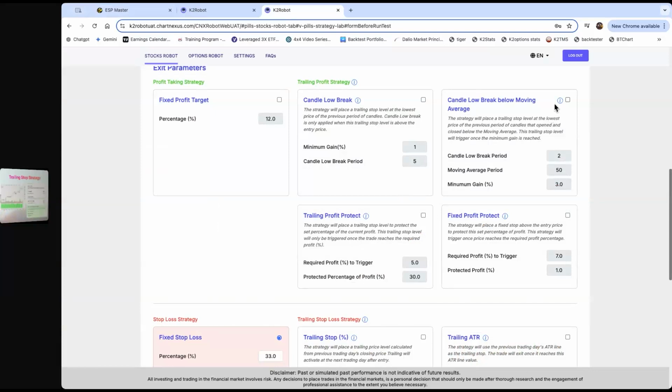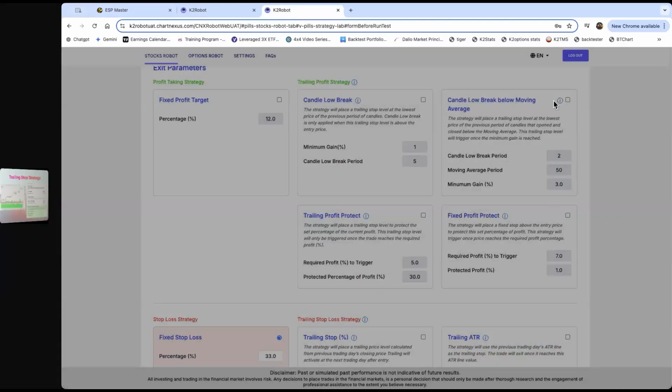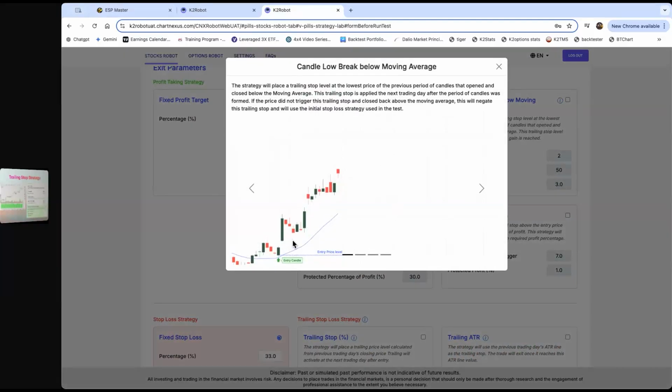Okay, so with that little concept, let us now take a look at this. If you click the eye over here, guys, it will explain to you in more detail. So this is essentially the moving average, and this is where you buy. After you buy, you are using the moving average to trail, but it doesn't immediately protect the profit and trail for you.